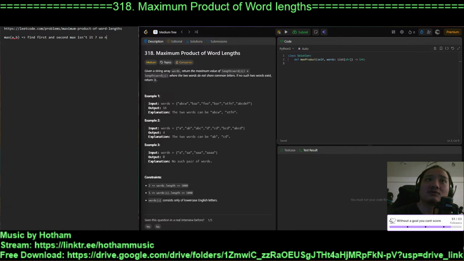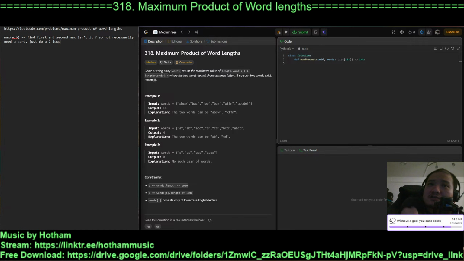So we don't necessarily need a loop or sort. Just do a two loop, right?